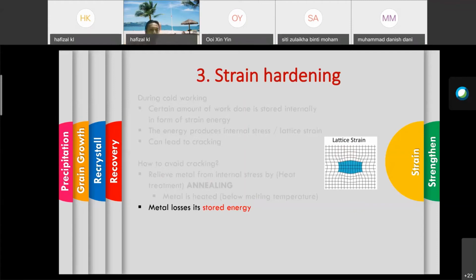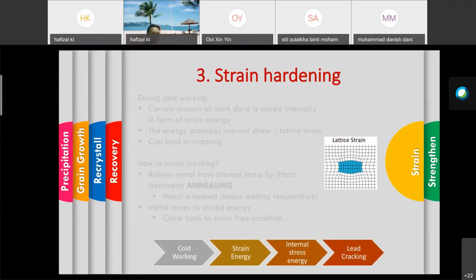Then the stored energy reduces, and finally it comes back to the strain-free condition. The upper region has no lattice strain here, so we call it the strain-free condition.